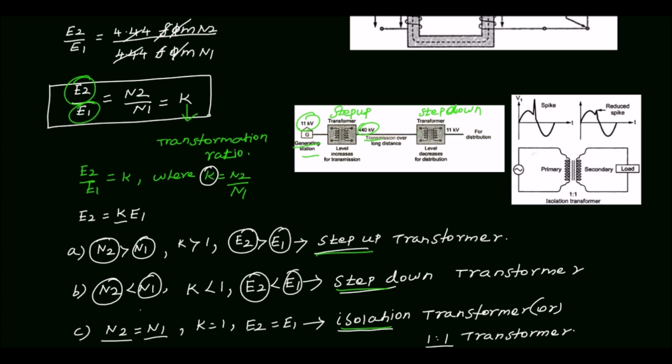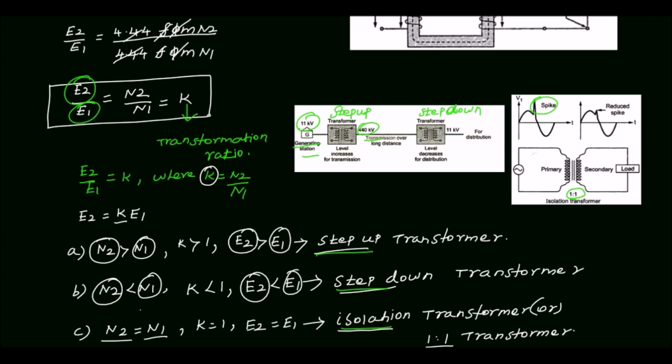Then we'll see what the purpose of an isolation transformer is. The isolation transformer, also called the 1:1 transformer, won't change the output voltage. The input voltage and the output voltage will be the same in an isolation transformer. But what is its purpose? It will reduce unwanted spikes like this.